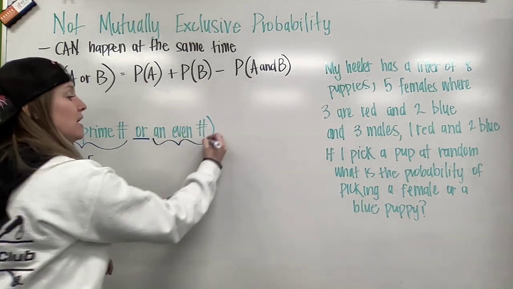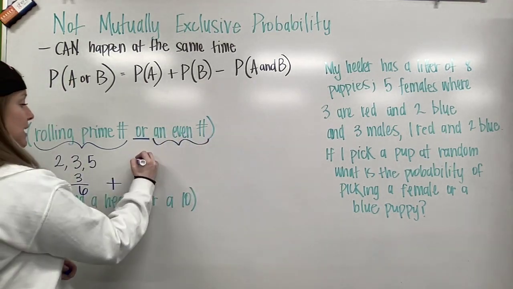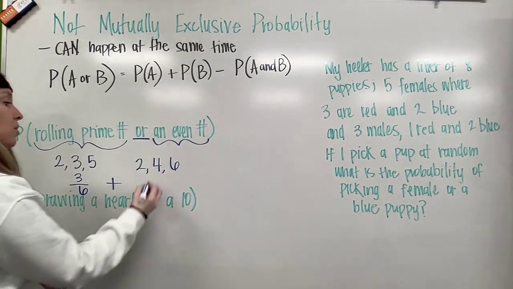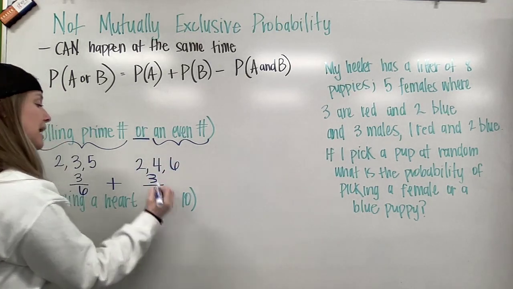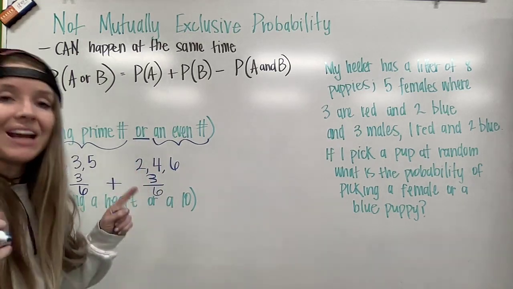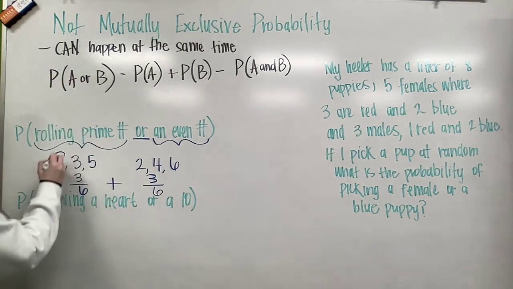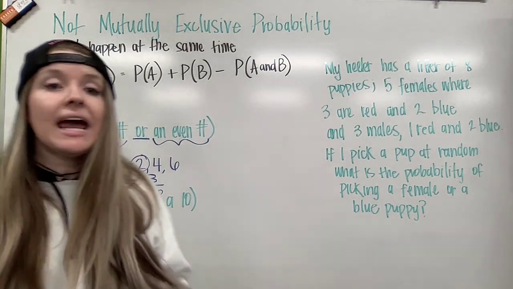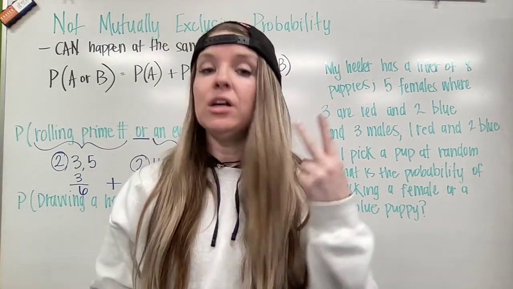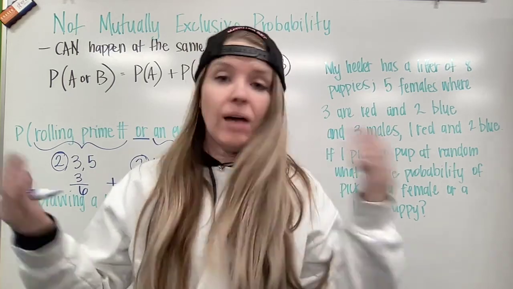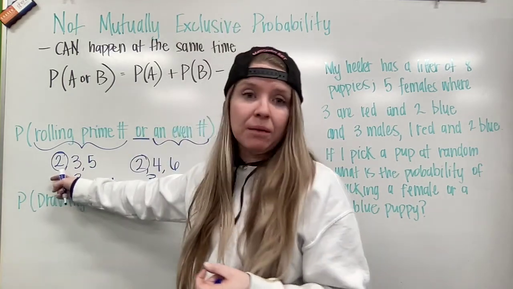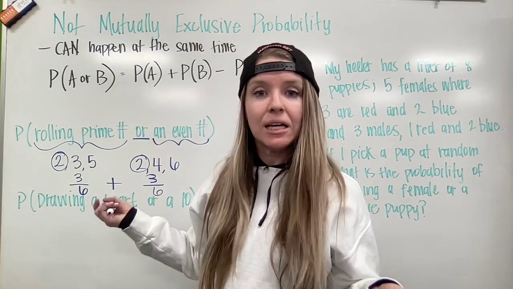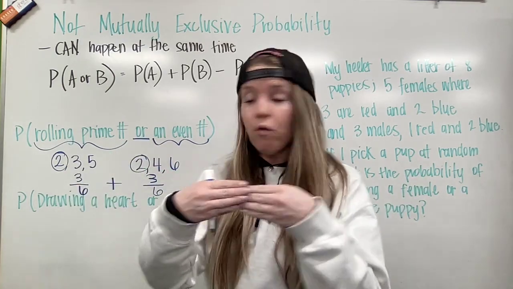An even number on the die is 2, 4, and 6. Well, that's 3 out of 6 as well. But I've got a problem. I got 2 here, and I got 2 here. So I actually counted that 2 twice. I already counted it as a prime number, and then I recounted it as an even, but it's the same thing. So this is where we have that overlap.